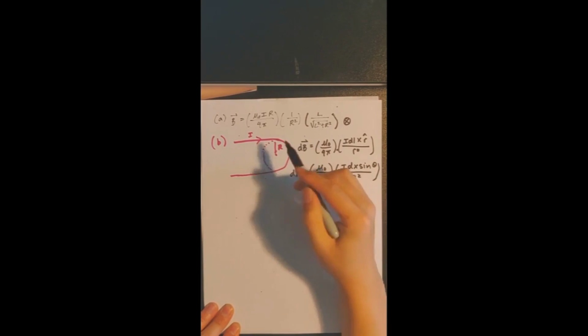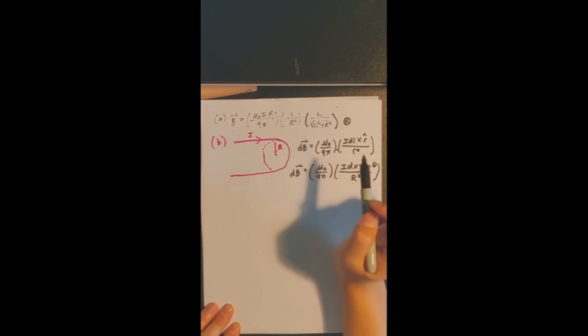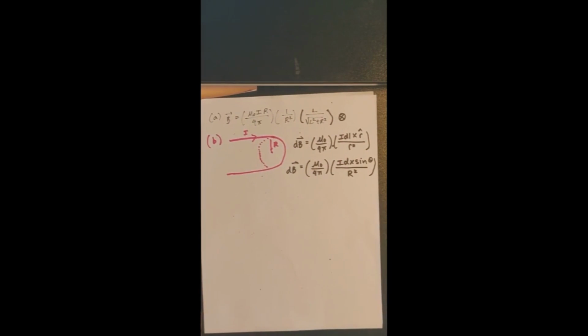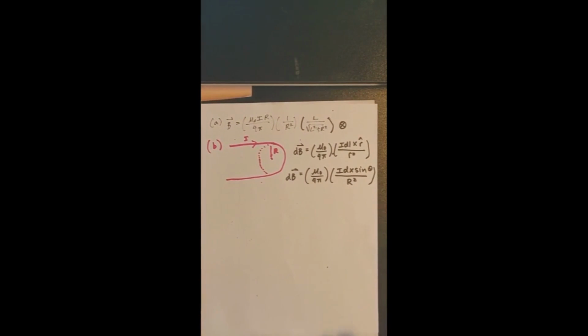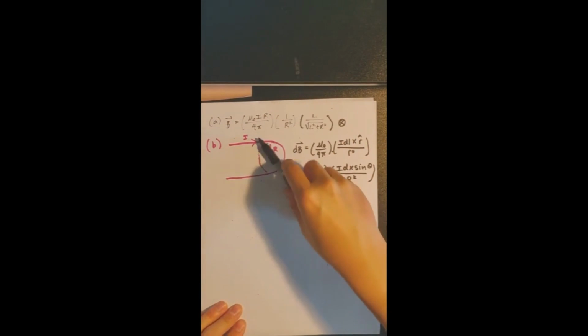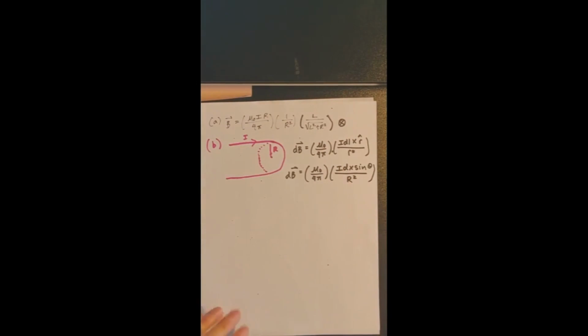But in this case, in the diagram we just use big R, that's the distance away from the conductor or wire. And this R is constant, because it's just the radius of a circle, right?